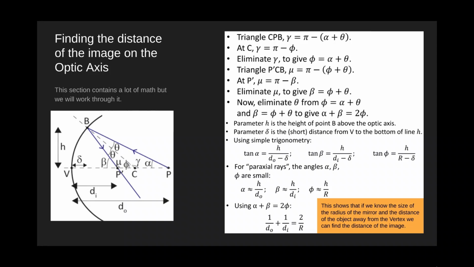I'd say pause and go through the math. I'm not going to explain it here, but it's quite easy to follow. And this is just an example of finding the distance of the image.